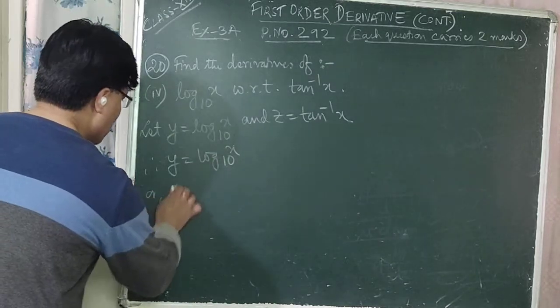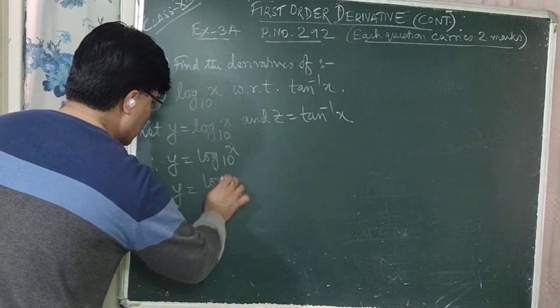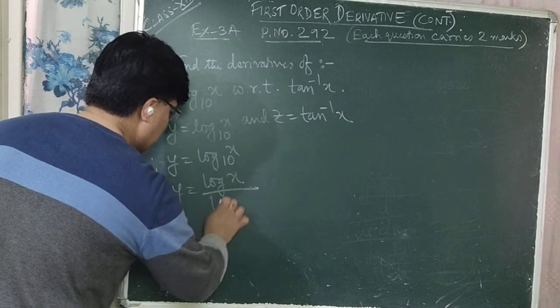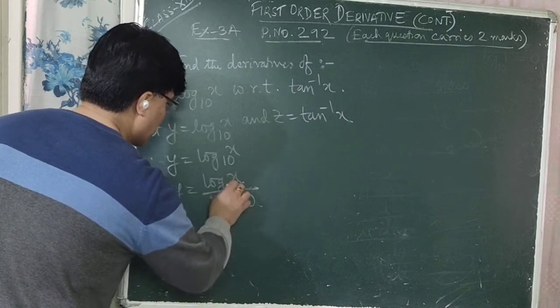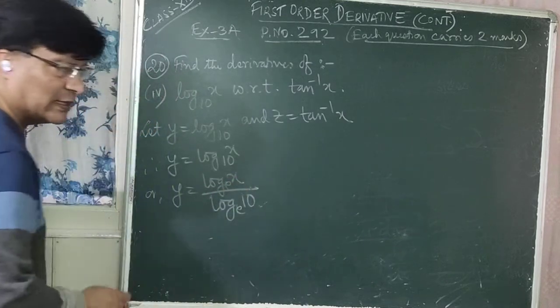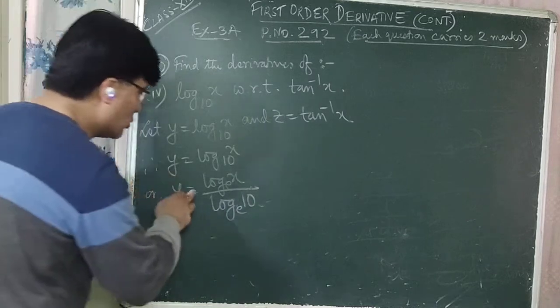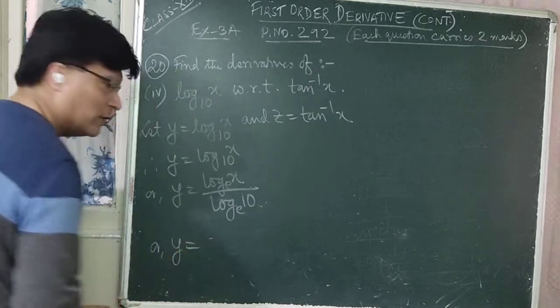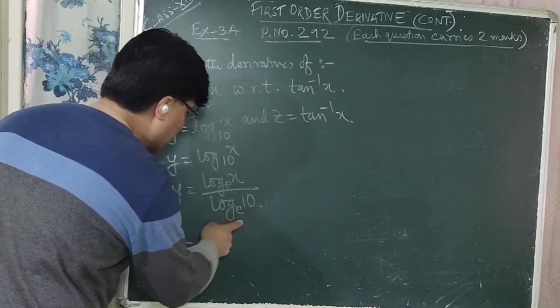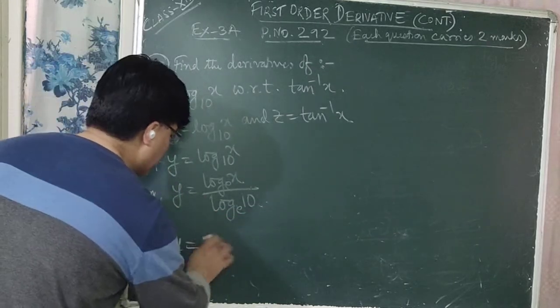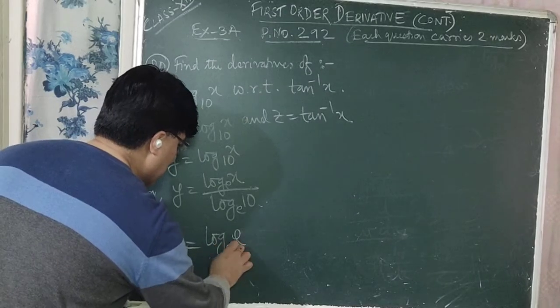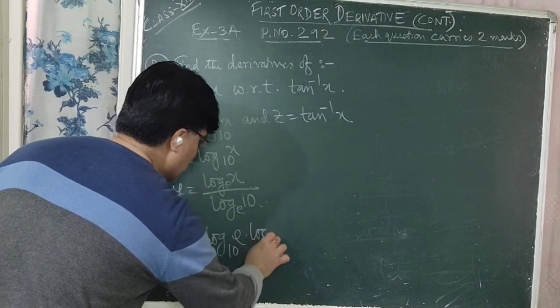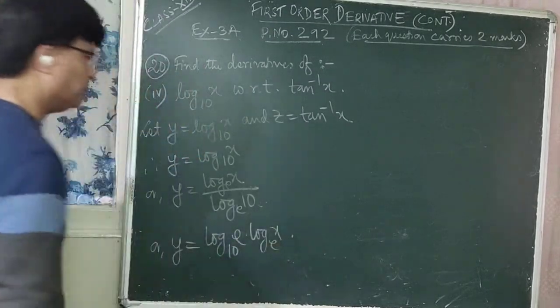So let us write it in terms of fraction, now it is base e. y is equal to log x by log 10. If there is no base, the base is e. Or y is equal to, now you can take this log 10 base e to the denominator, so it becomes log e base 10 into log x base e.